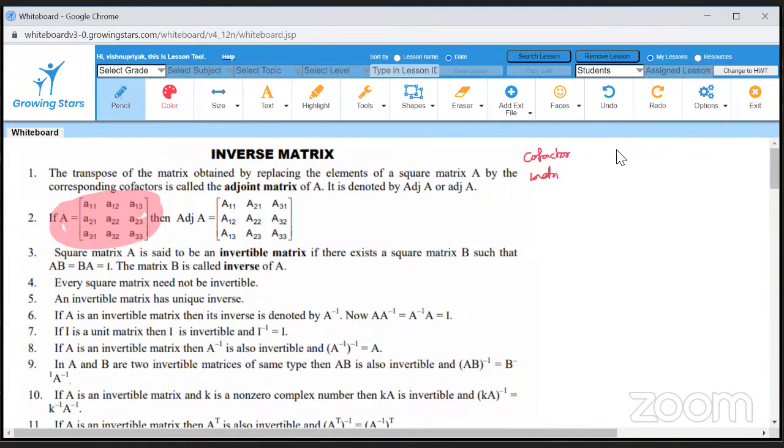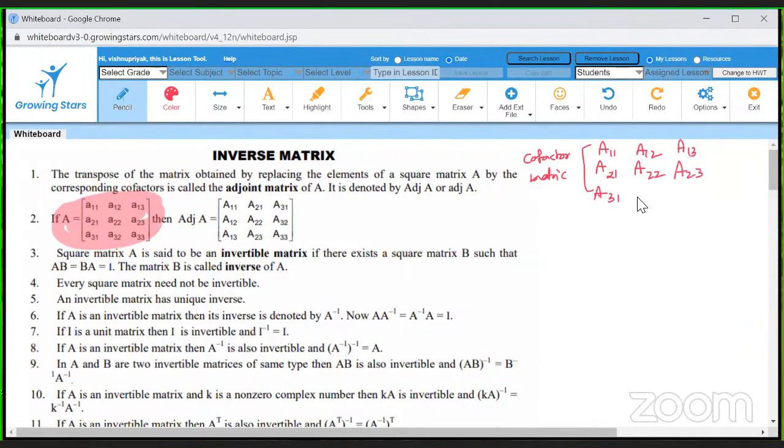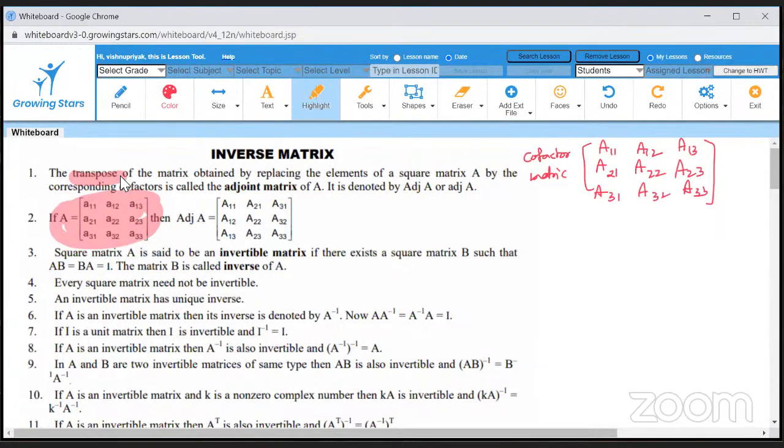Cofactor of A11, cofactor of A12, cofactor of A13, cofactor of A21, cofactor of A22, cofactor of A23, cofactor of A31, A32, A33. This is the cofactor matrix. Now, take the transpose of the cofactor matrix.